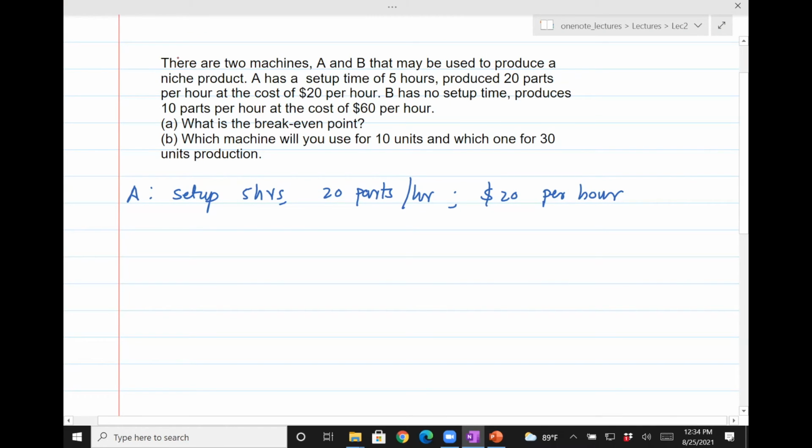It produces 10 parts per hour and costs $60 per hour. Setup 0 hours, 10 parts per hour, and $60.